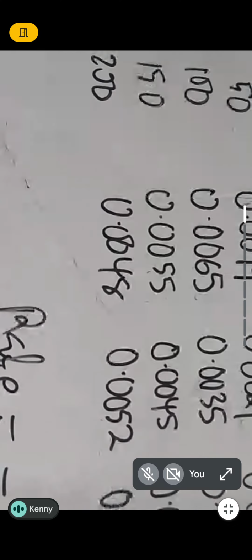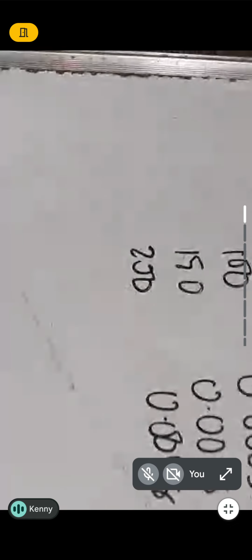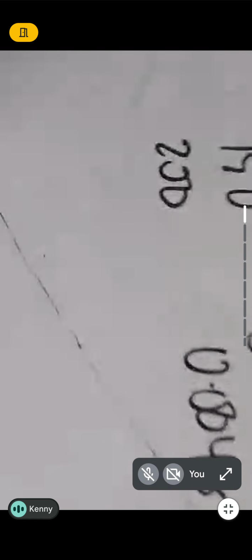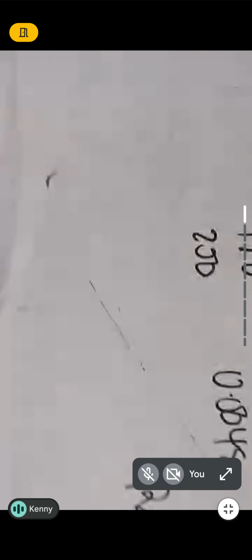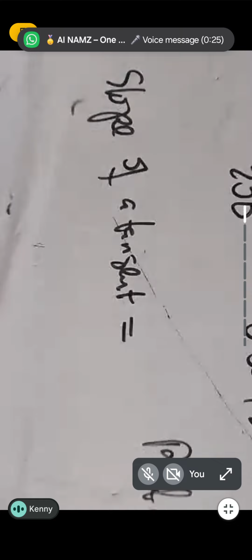Then also you need to know how to calculate the slope. I'm sure you do this in math. Slope of a tangent line. Slope of a tangent line is what? It's the gradient, right?